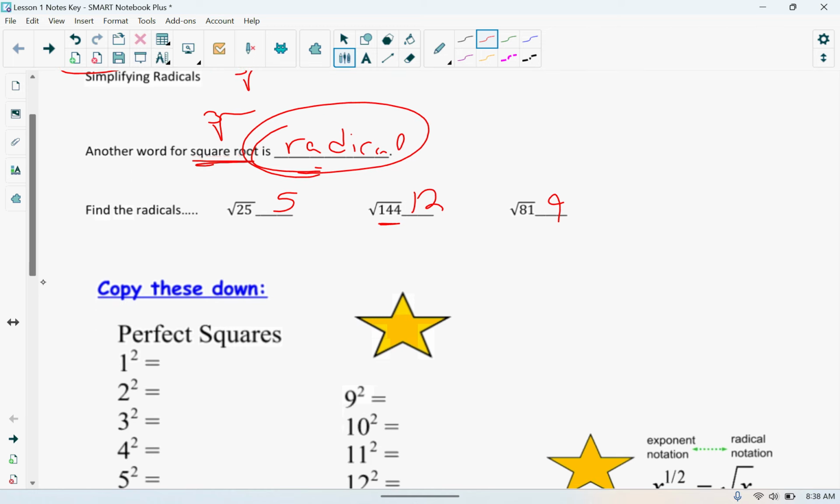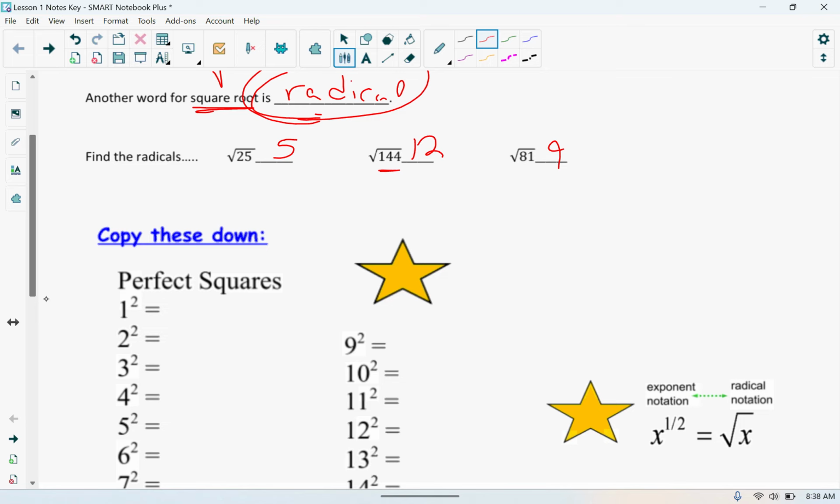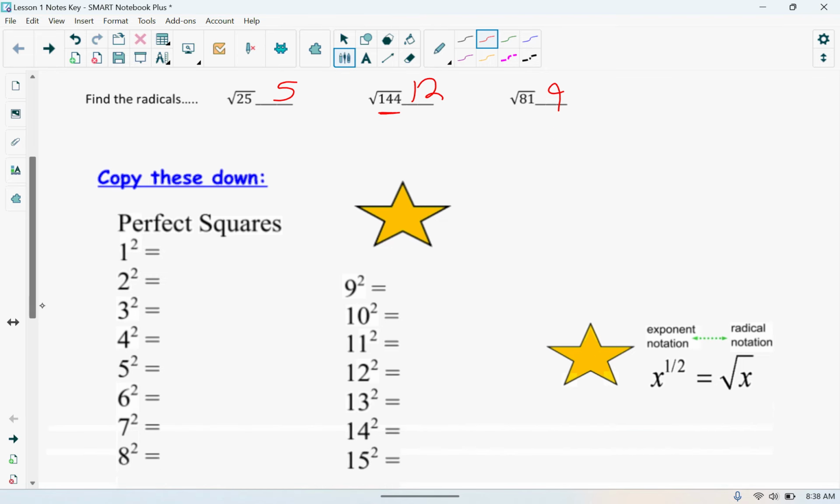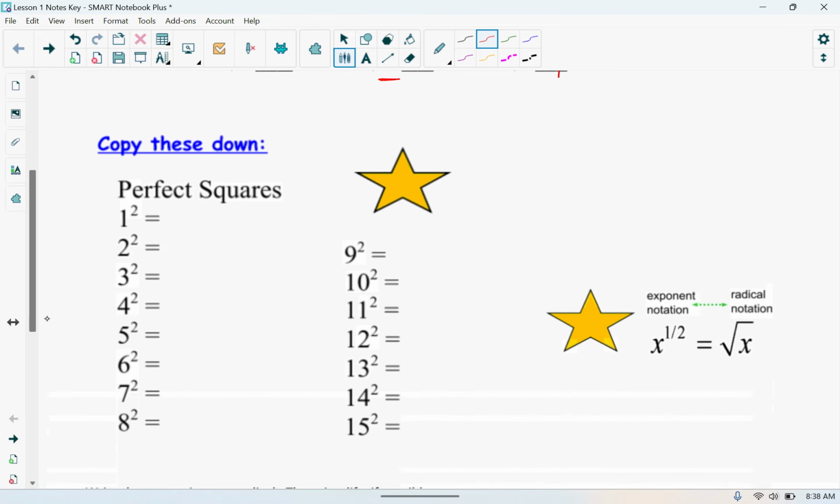We've already talked about these when we were talking about difference of squares, but let's talk about why this works. What I want you to do is think about all the squares of these. Like 1 squared is 1, 2 squared is 4.